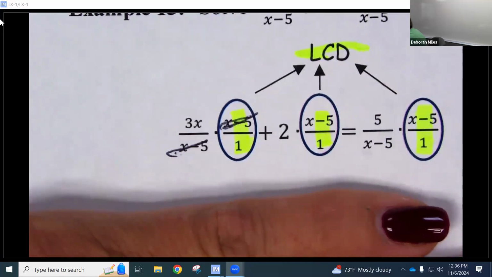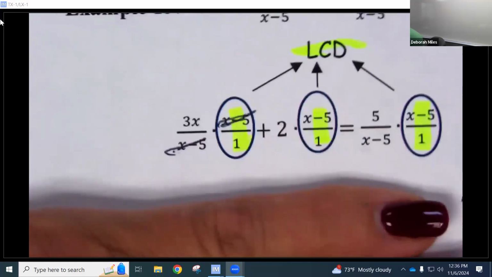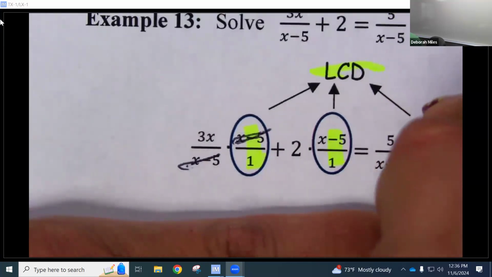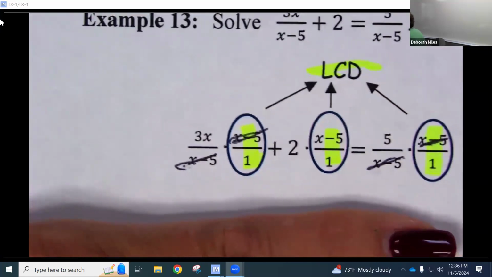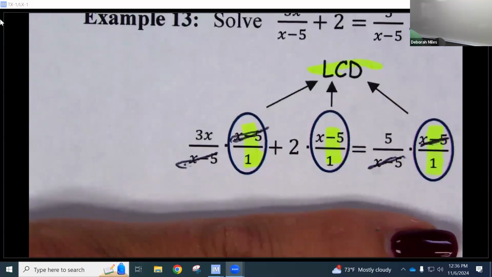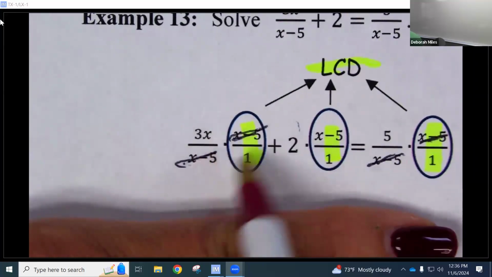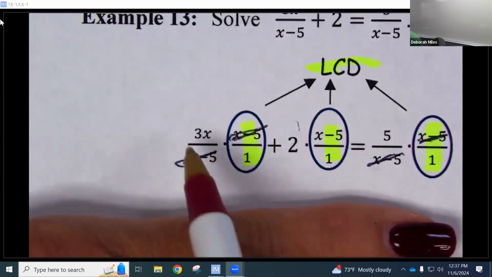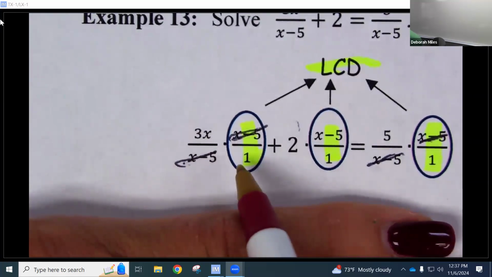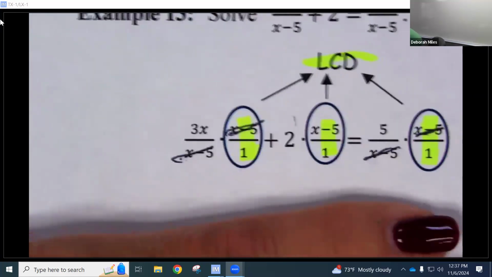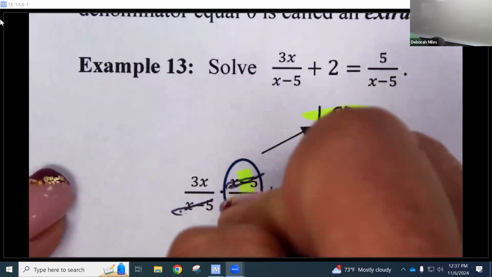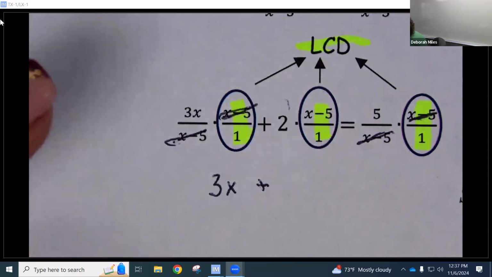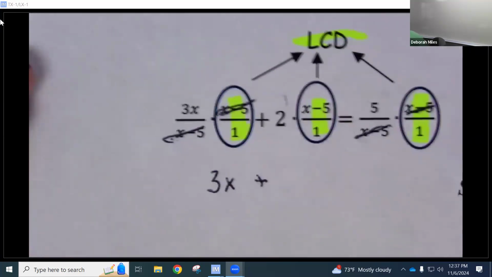I couldn't cancel just the x or just the 5, but if I'm canceling the whole factor, that's fine. And on the right-hand side, same thing. I can cancel the whole x minus 5s. So what's left of this first term? Yeah, 3x times 1 over 1, but as simply as possible, that's just 3x. What's left of the second term?